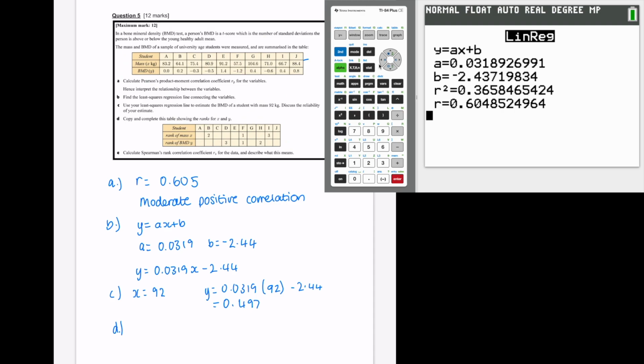So if we start filling this in, H would be the next biggest, C would be the next biggest, and so on.